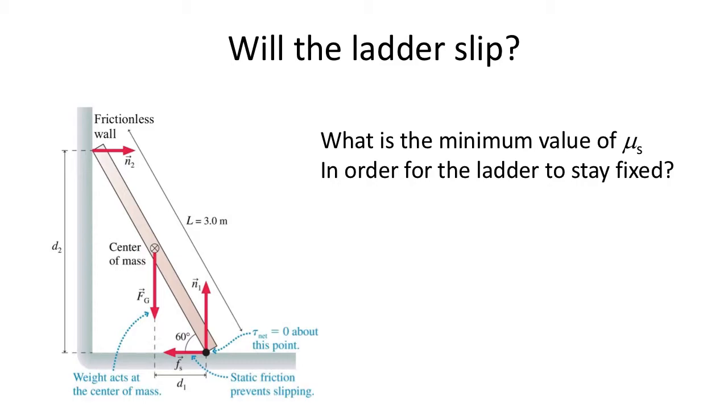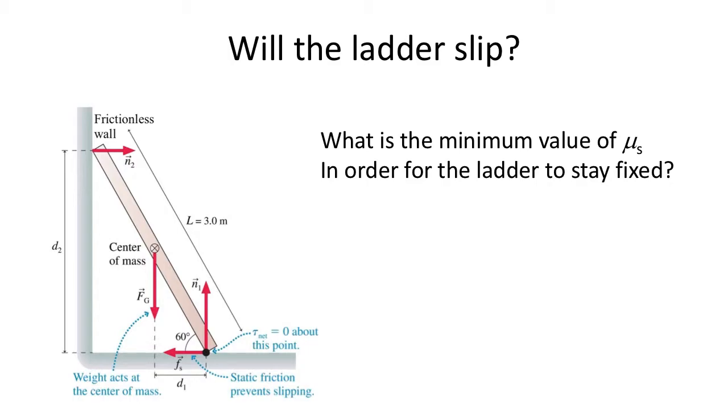If I write down the equation for the static friction force, it's always less than or equal to mu sub s times N1, which is the normal force, and that's equal to mu sub s times the weight, mg. Right? The normal force is just basically the weight of the object. And then by rearranging, the static coefficient of friction is always greater than or equal to that frictional force over N1, or 1 over 2 tan theta.